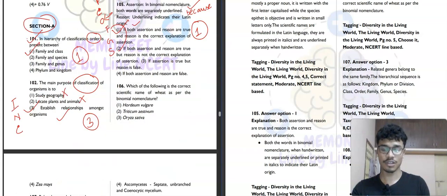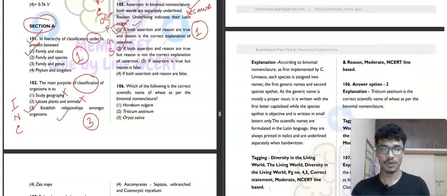Moving to the next question, question number 106. It is asking which of the following is the correct scientific name of wheat as per binomial nomenclature. So options are given. We need to identify the correct scientific name of wheat according to binomial nomenclature. That means two names will be there, one is genus, one is species. So Hordeum vulgare, is it right?